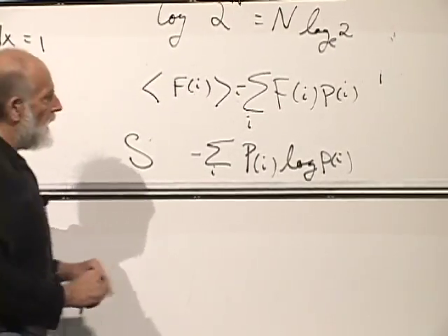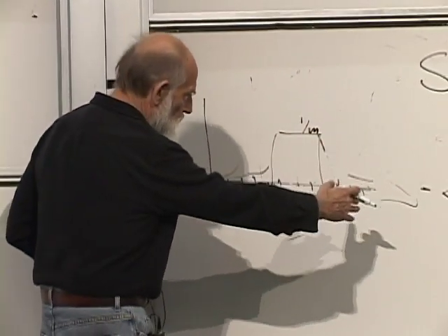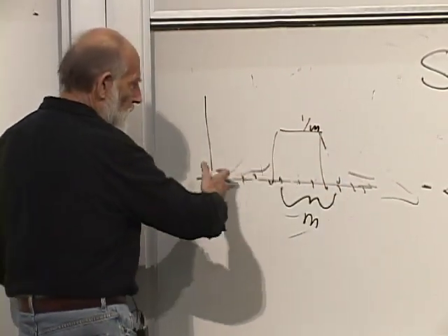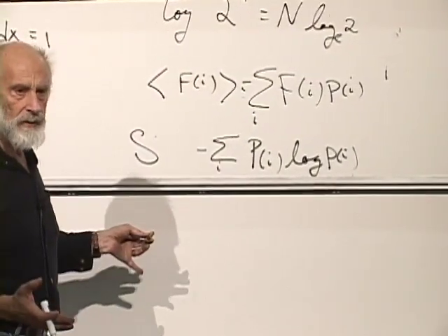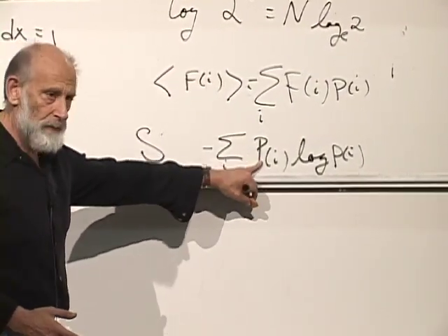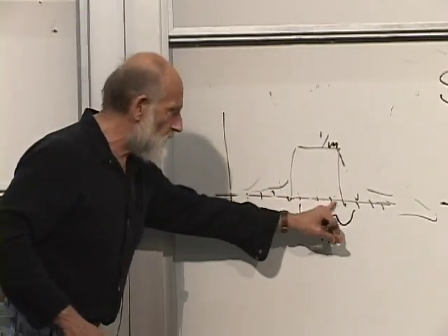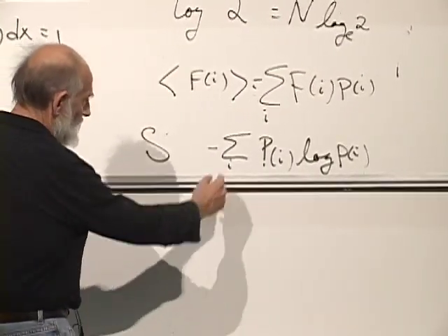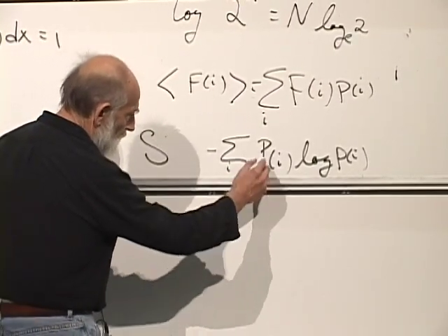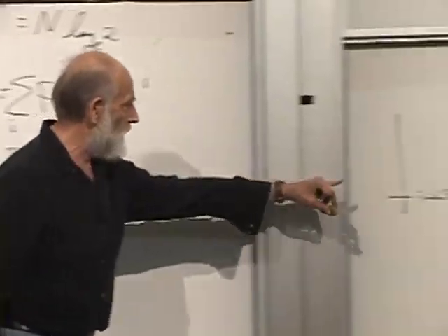Well, when we start adding up the contributions, there are contributions from the regions where p is 0. They give 0 because p is equal to 0. On the other hand, there are the contributions from within this range. P sub I is 1 over m for each one of those states.